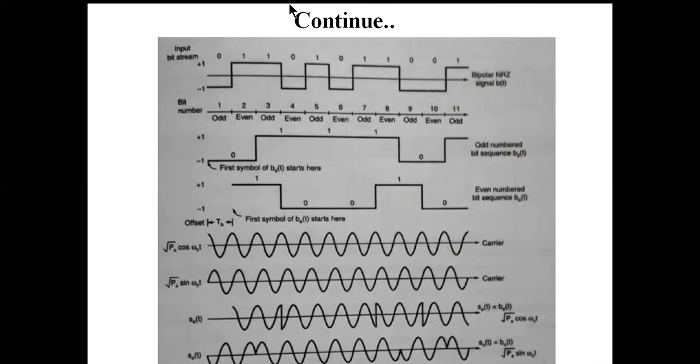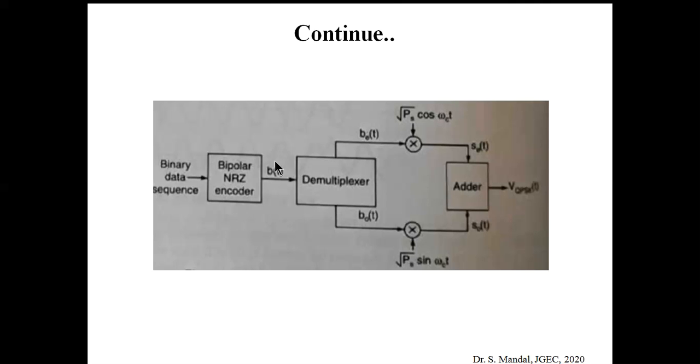You can see the input sequence is 0 1 1 0 1 0 1 1 0 0 1. Then the corresponding polar energy pattern will be like this: for 0 this will be -1, and for 1 +1, so +1 -1 +1 -1 +1 -1 -1. Okay, now next, the bit stream has been generated, that means it is the polar energized version.